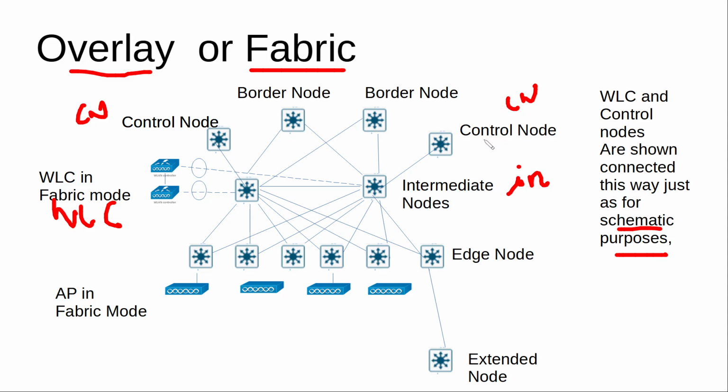Because remember that control nodes and wireless LAN controllers are usually located in your shared services block, where your DNS servers live, where your DHCP servers live, where the DNA Center, that is now known as Catalyst Center, lives, where the ISE server lives, and so on. So this is only for schematic purposes.